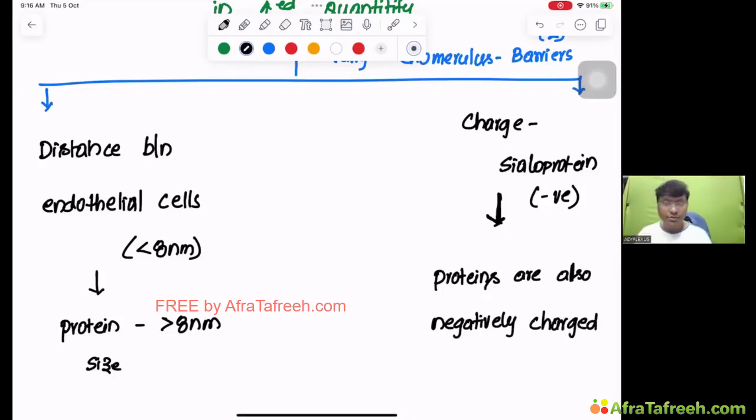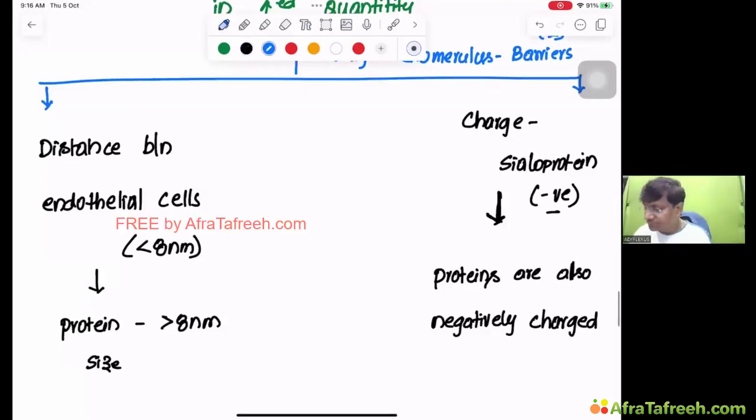So these negatively charged proteins will not filter across the sialoprotein, which is also negatively charged. So these sialoproteins will repel the proteins from filtering, and thereby the proteinuria does not occur.